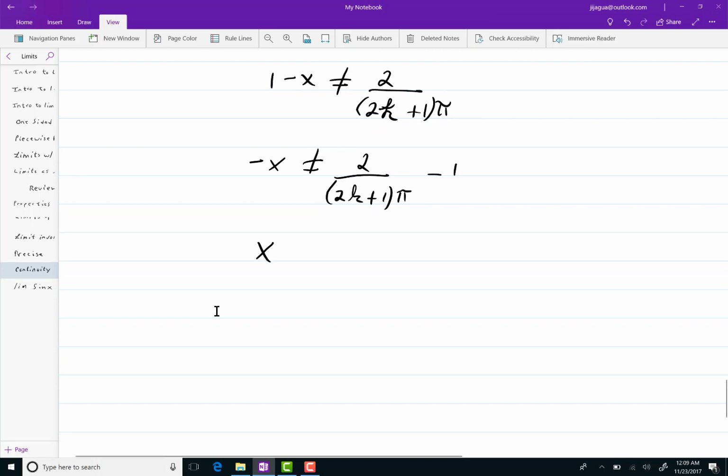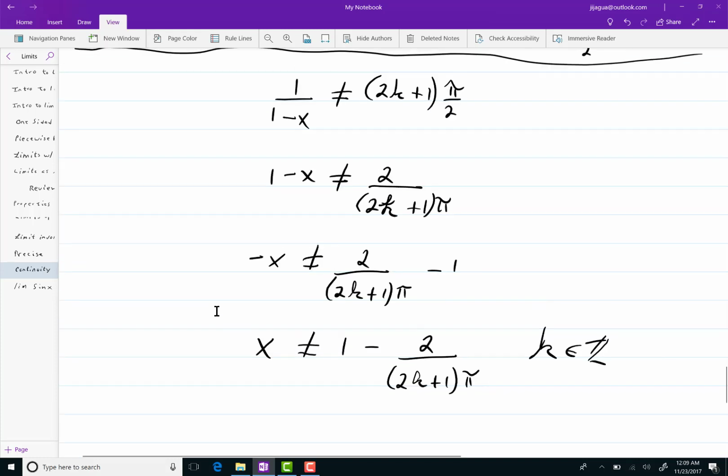And then I'll multiply both sides by negative 1. And this is better, and don't forget to tell me that k is a member of the integers. So k could be any integer. Now, these here are all the odd multiples of pi over 2, but upside down.